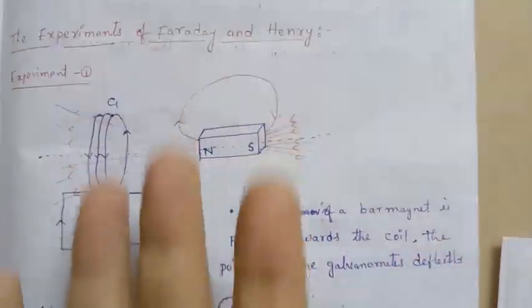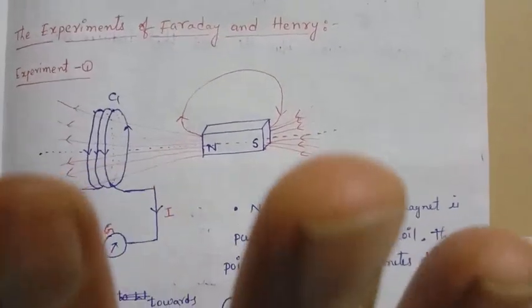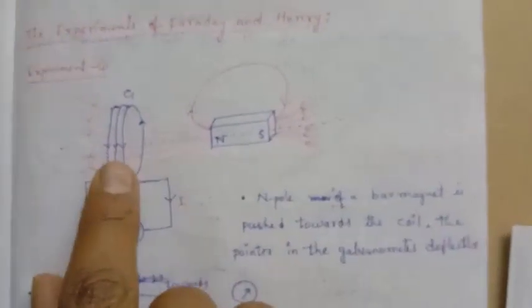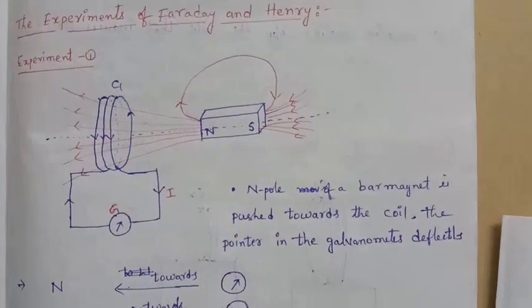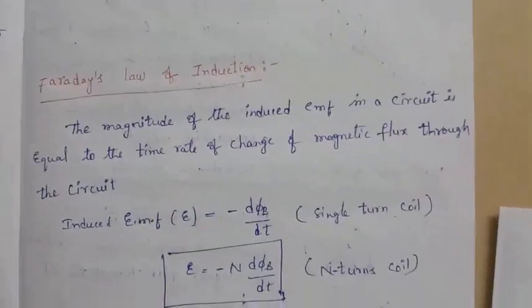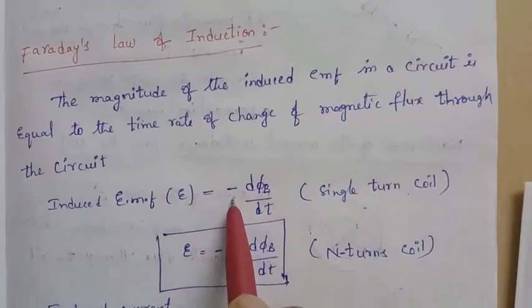According to the right hand thumb rule, the current would be in one direction, but the EMF is induced in the opposite direction. That's why we take the negative sign.